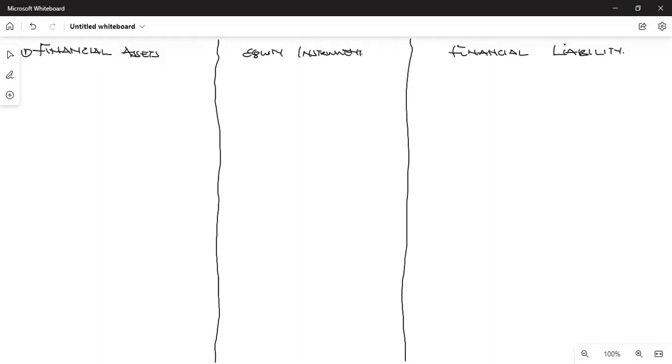All right, so what is a financial asset? A financial asset is any asset that is cash. Any asset that is cash is a financial asset, or a contractual right to receive cash.